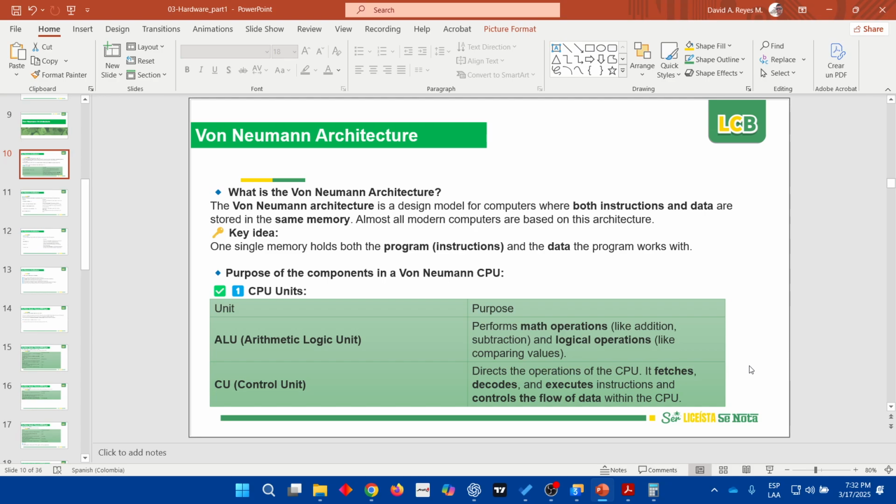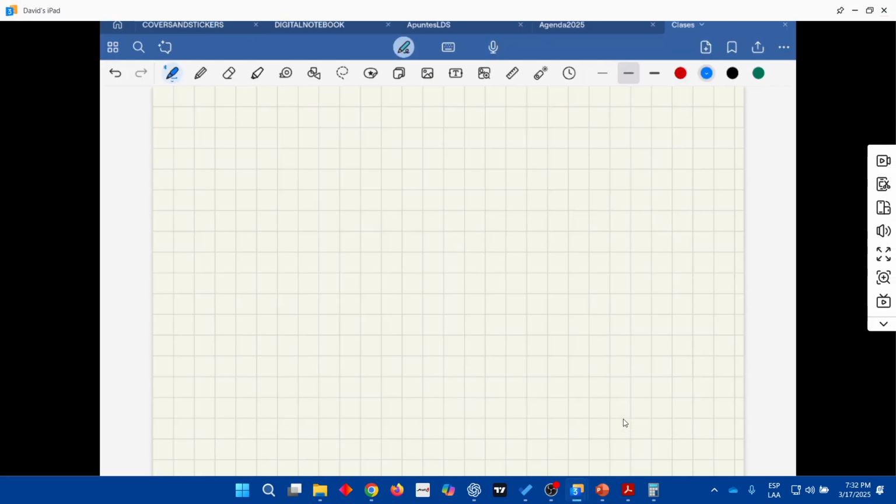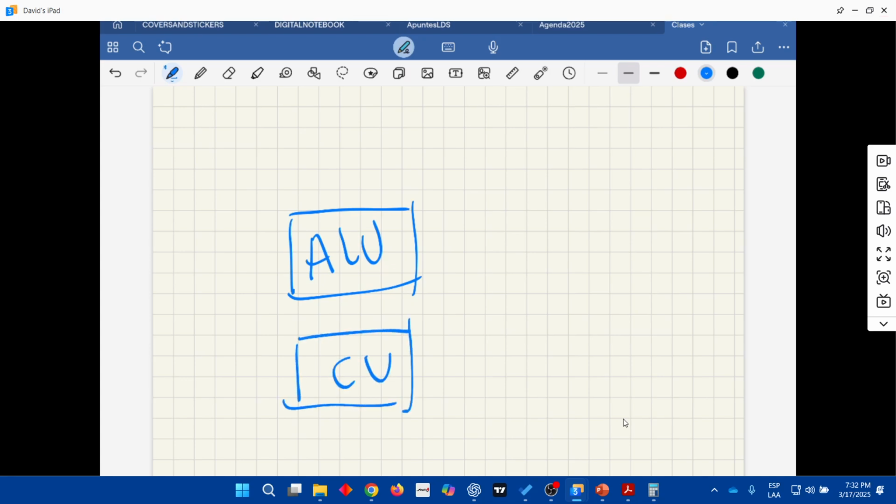And obviously it controls the flow of data. What is the flow of data? It is the path that the data is going to take. For example, let's suppose that here we have the ALU, here we have the control unit, and here we have the memory.